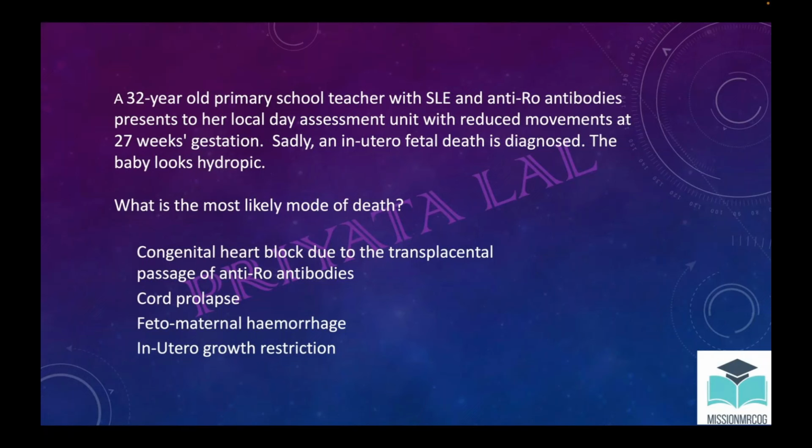The patient has SLE with anti-Ro antibodies, IUFD is there, and the baby is hydropic. What could be the cause of death? It can be congenital heart block. Yes, heart block because of the transplacental passage of anti-Ro antibodies.